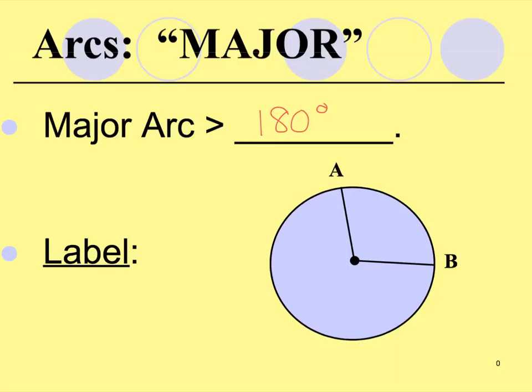So I'm going to outline a major arc in this circle, and if we go around here, we label it as arc AB, and that's a major arc, greater than 180 degrees.